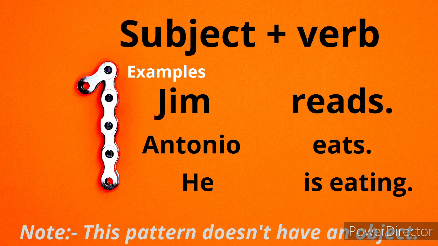Similarly, in sentence number 3, you can see he is eating. He is subject, is eating is verb. Please note down that in this pattern, we don't have an object in the sentence. So the first pattern is without object, only subject plus verb.